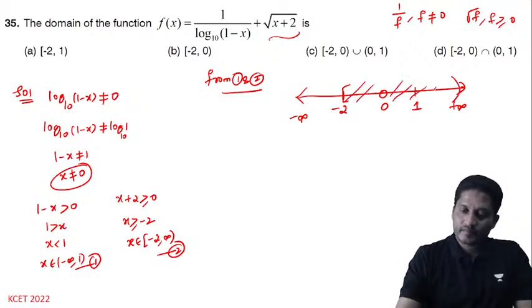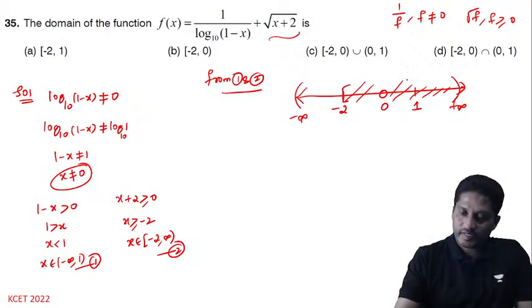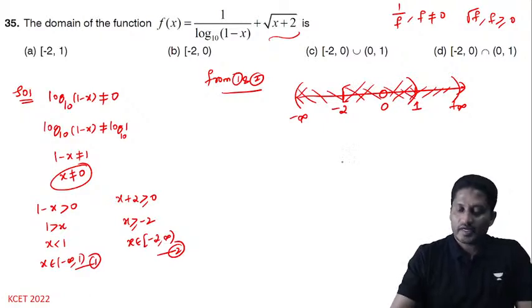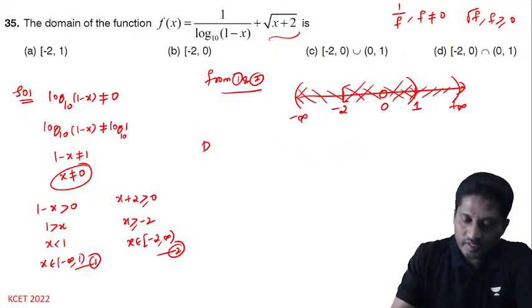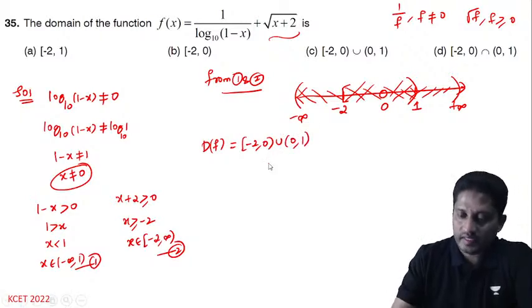And then minus infinity to open interval 1 is this part. Now checking, the domain of f is closed interval minus 2, open interval 0, union with open interval 0, open interval 1. Answer is option C.